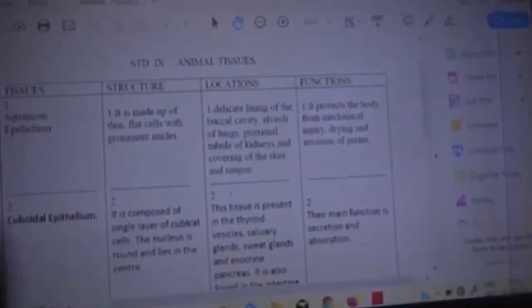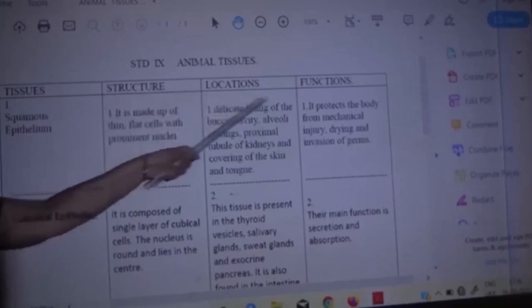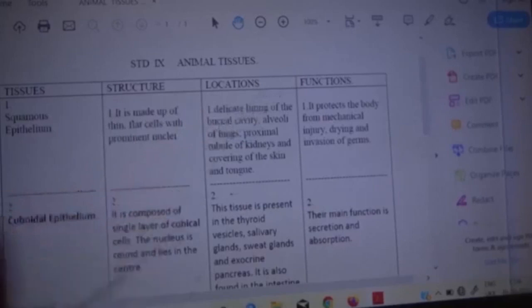So far, we have been doing the classification of the animal kingdom. Next, we will continue with animal tissues. First is epithelial tissue. This epithelial tissue, we learn as structure, location, and functions.